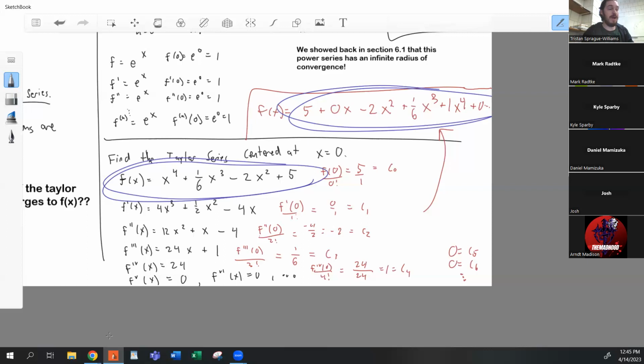And so it's not very interesting, because what a Taylor series is doing is giving you successively better and better polynomial approximations, through its partial sums, of whatever function you started with. But if you started with a polynomial, the best polynomial approximation is the polynomial itself.